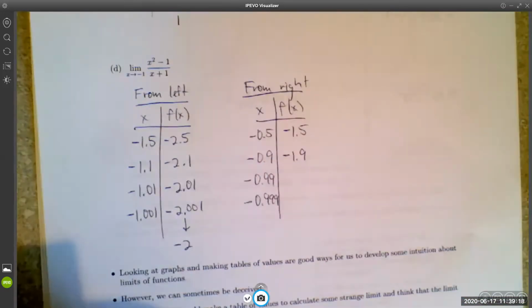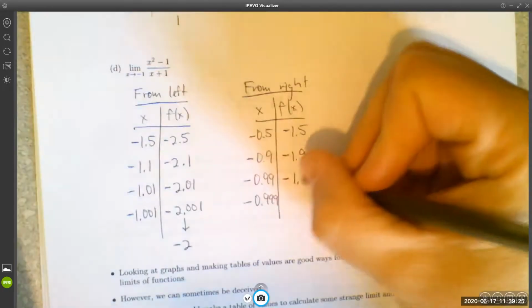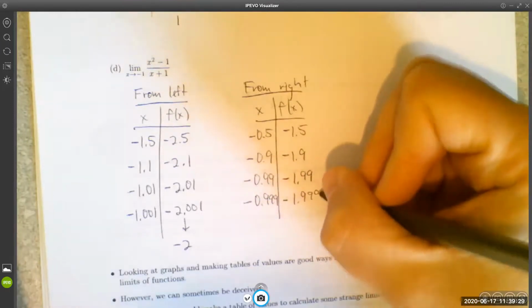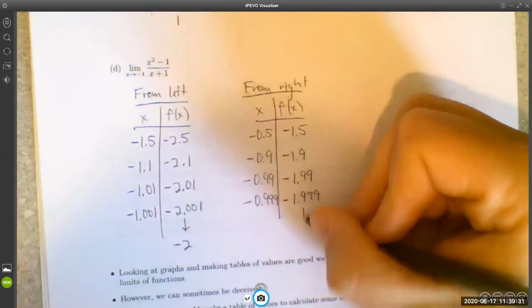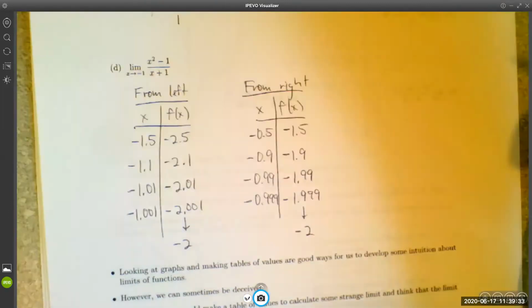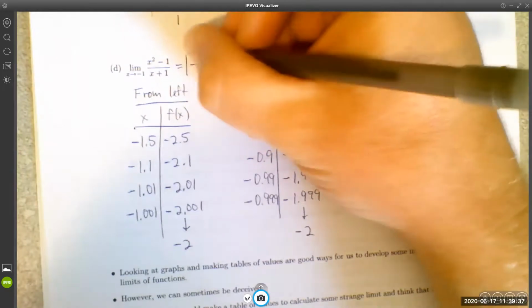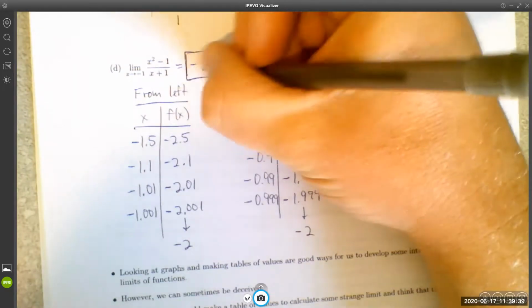Okay, if I replace it with negative 0.99, we get negative 1.99, and then I suspect that here we would get negative 1.999. And yeah, interestingly enough, we are approaching negative 2 again. So this limit seems to be approaching negative 2.